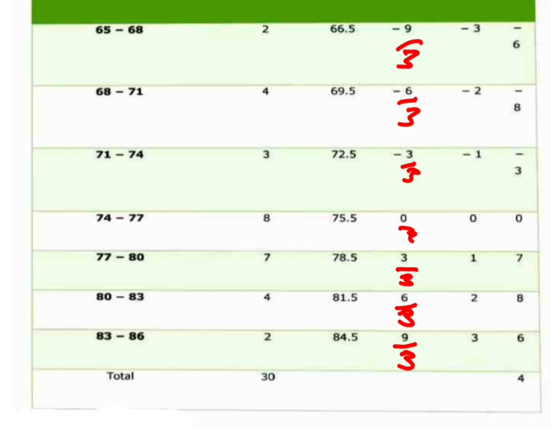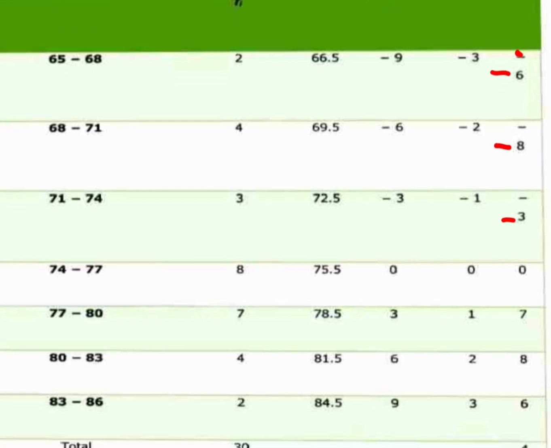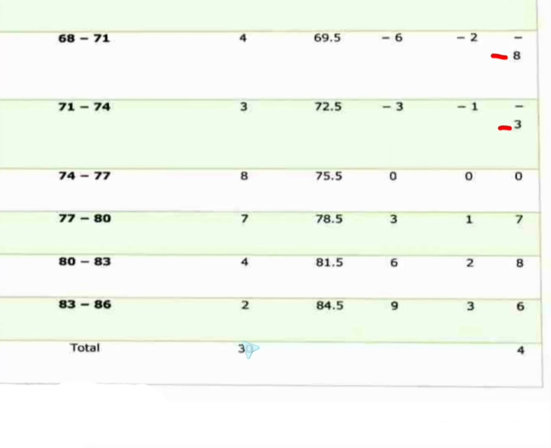So multiply: 2 into minus 3 is minus 6, 4 into minus 2 is minus 8, 3 into minus 1 is minus 3, 8 into 0 is 0, 7 into 1 is 7, 4 into 2 is 8, 2 into 3 is 6.